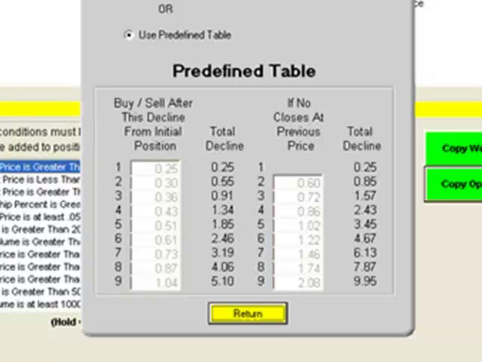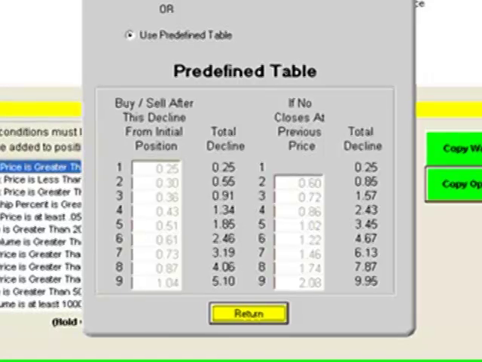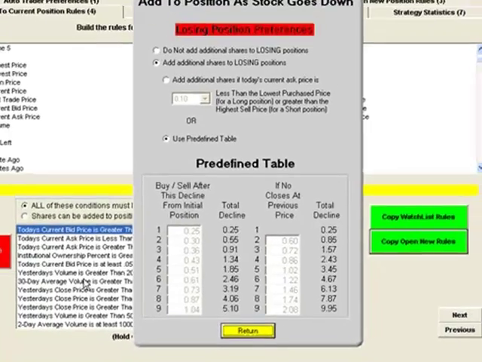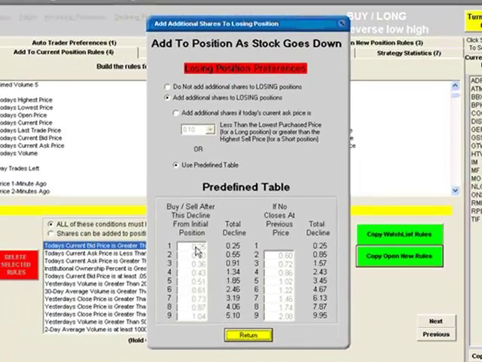And then, if the rules pass, it'll add to your holdings. So, because the rules have to pass, a stock does not have to just go down $0.25 or 30 cents to be added to. These rules are very important. You're only adding when the price is declining sufficiently and the rules are also passing.